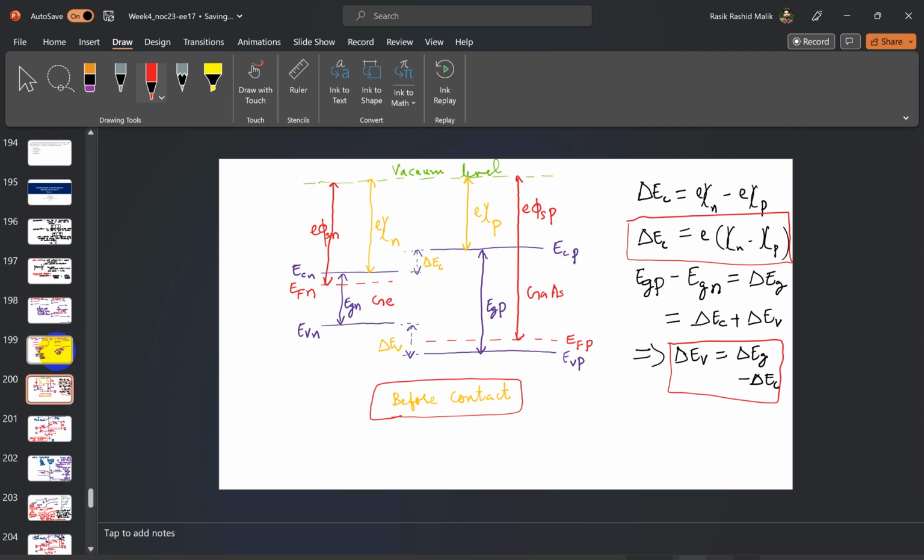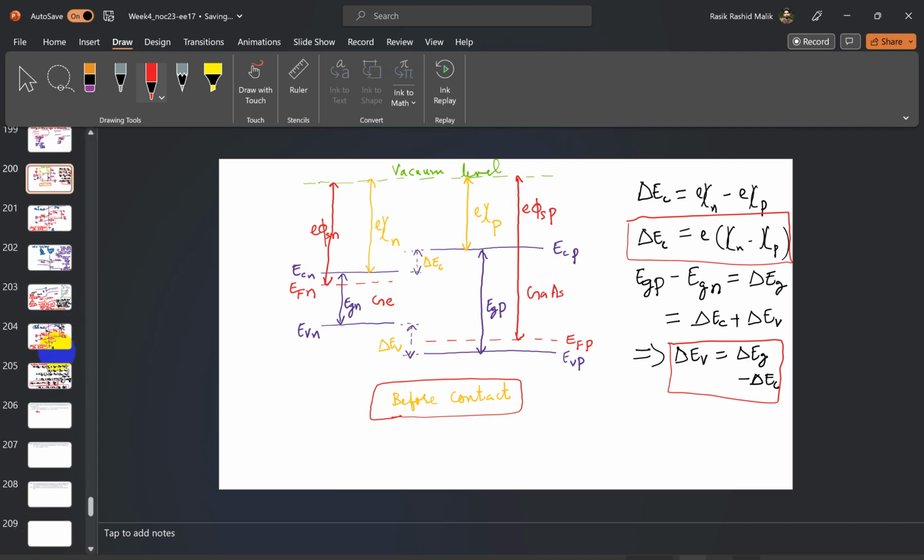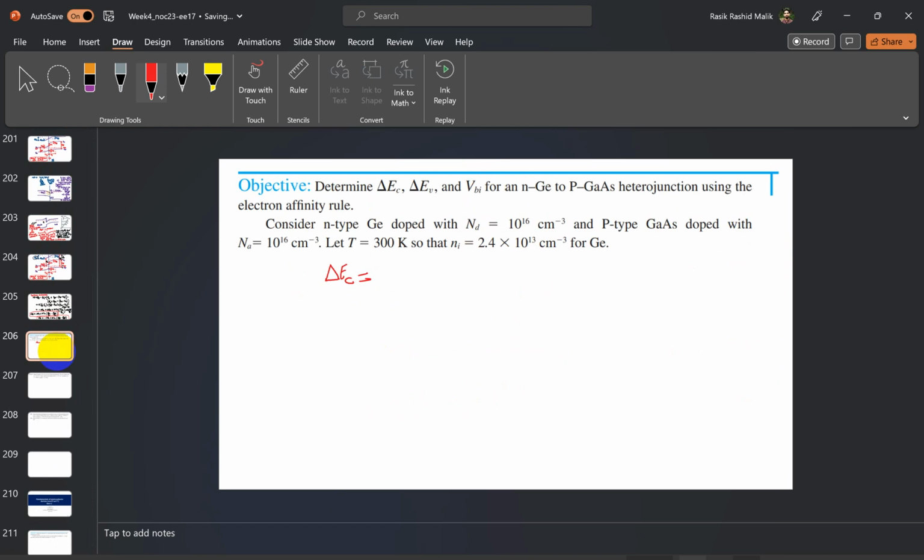Delta EC is simply the electron affinity difference between the narrower band gap and the wider band gap material, E chi n minus chi p. So I can directly write it here as delta EC is simply E chi n minus chi p, which will be equivalent to E.